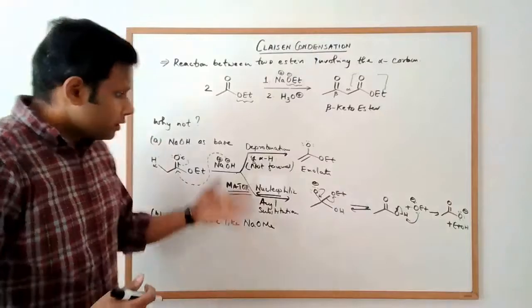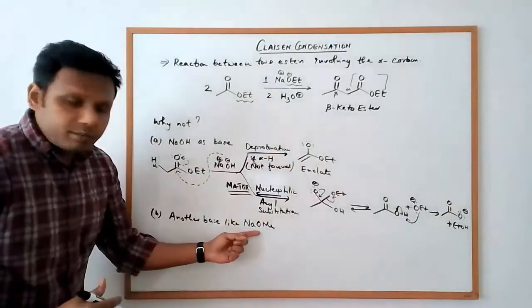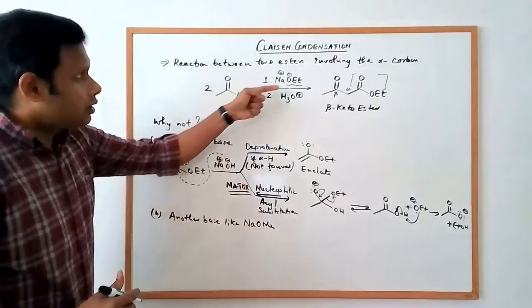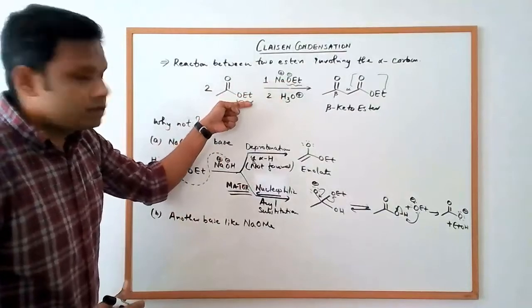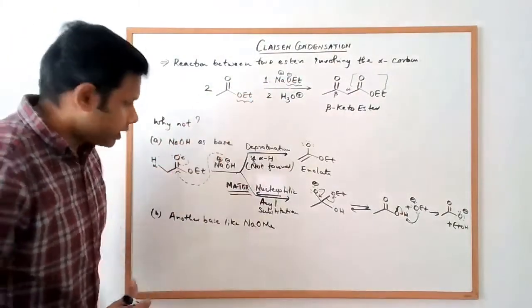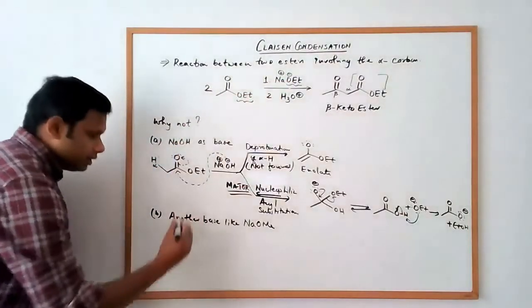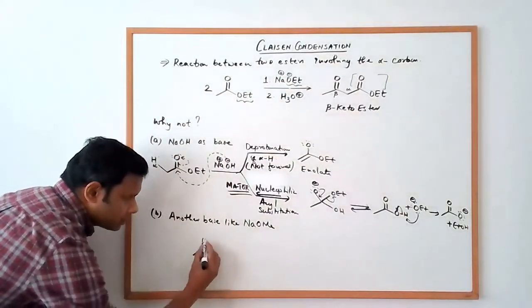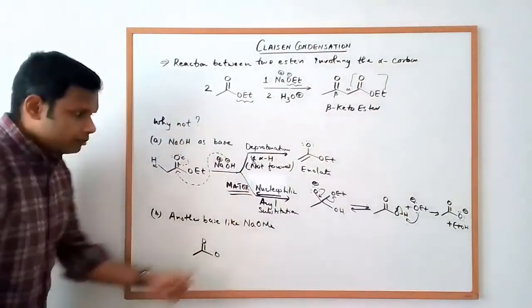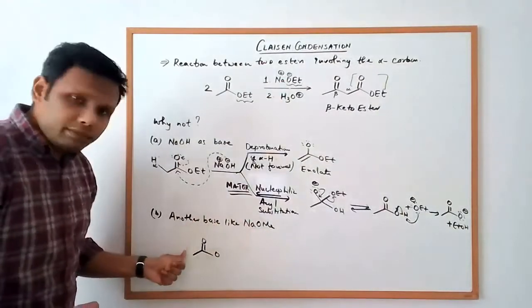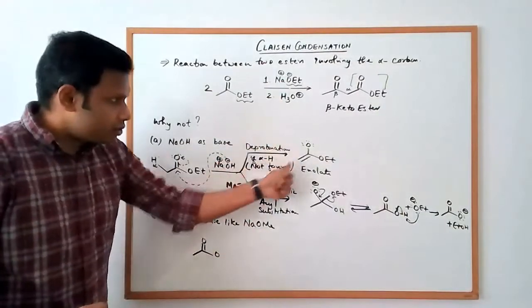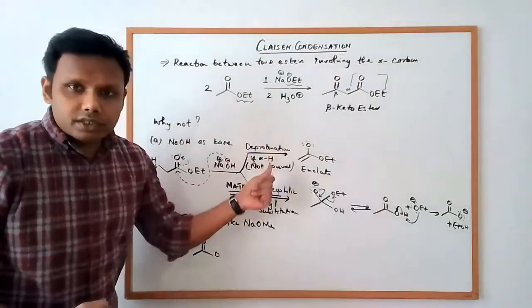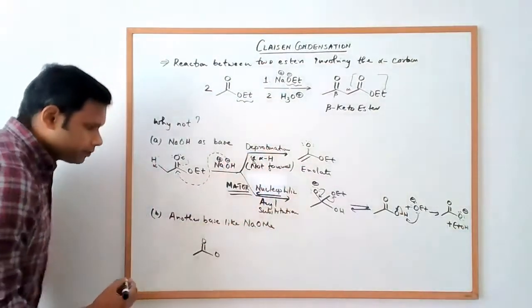Now, when you use another base, let's say your base doesn't match with the alcohol part in your ester, what's possible here is something similar to what we discussed, because sodium methoxide would be able to deprotonate, but similar to here, that deprotonation is not a very favored pathway.